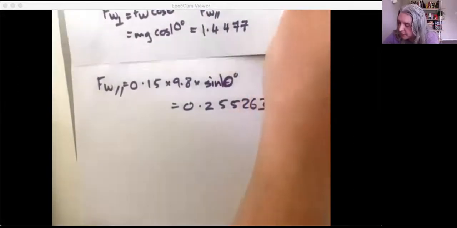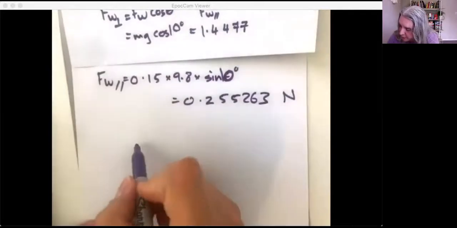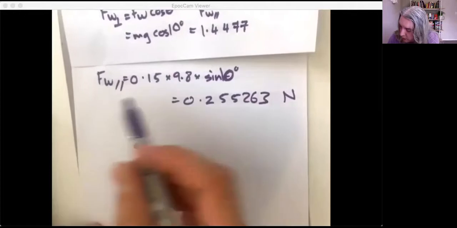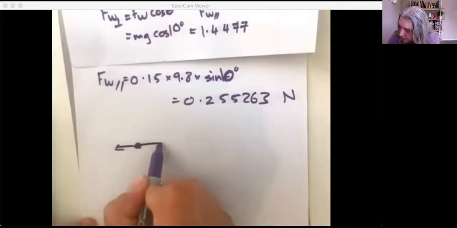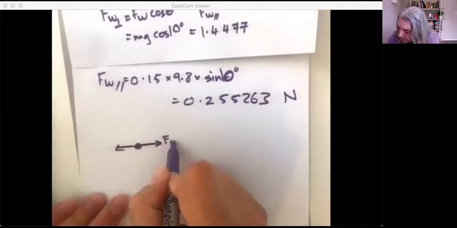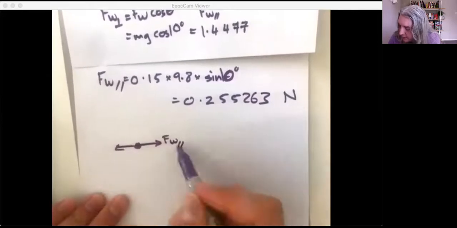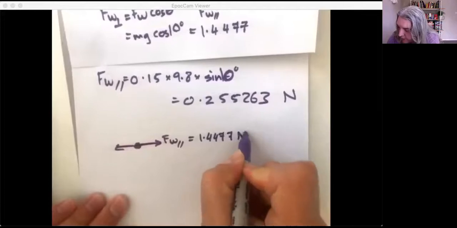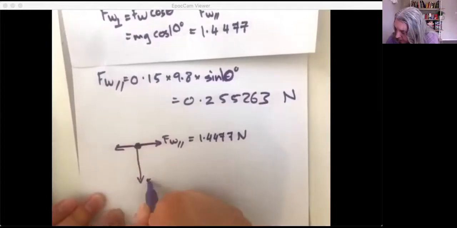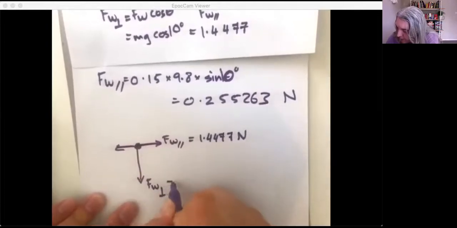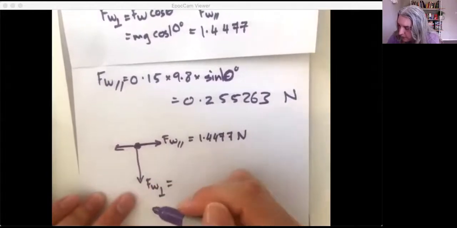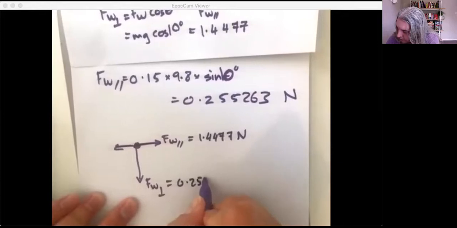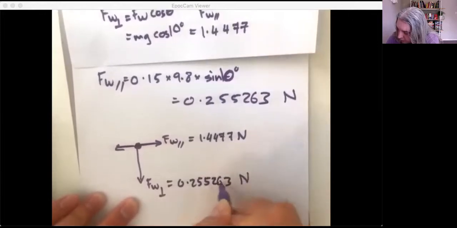And now, I wouldn't normally do this, but just to be really clear, I'm going to draw the free body diagram again. And now I'm going to draw on what we know. So we know that the F weight parallel is in the positive x direction, and that is equal to 1.4477 newtons. And we know that FW perpendicular, the weight force in the y direction of our frame of reference, is equal to 0.255263 newtons.